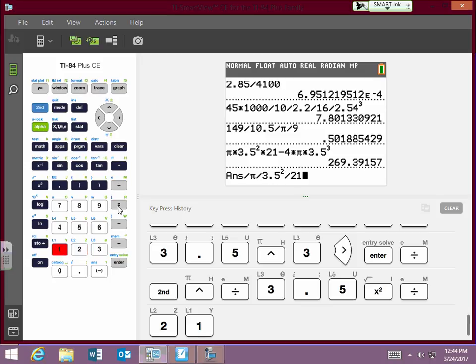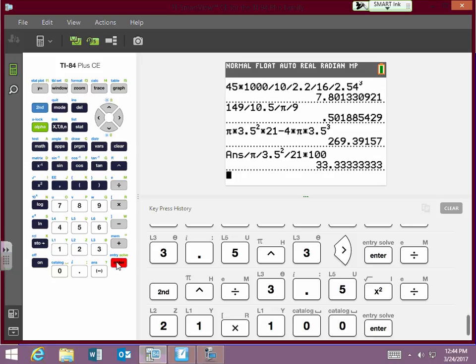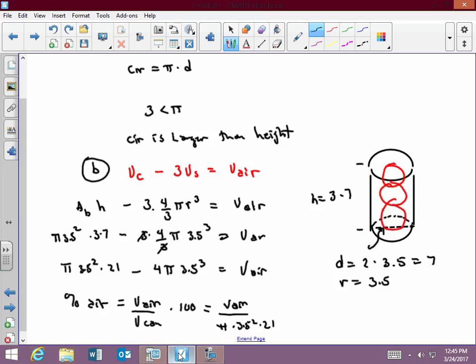And then times 100. 33.3%. And 1/3, right? Percent here.